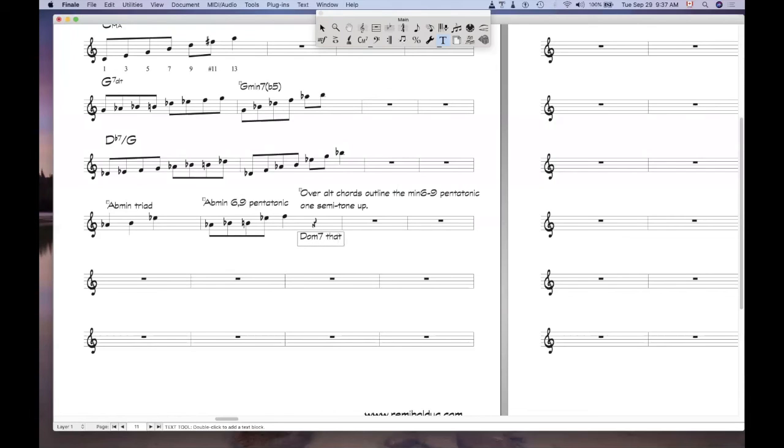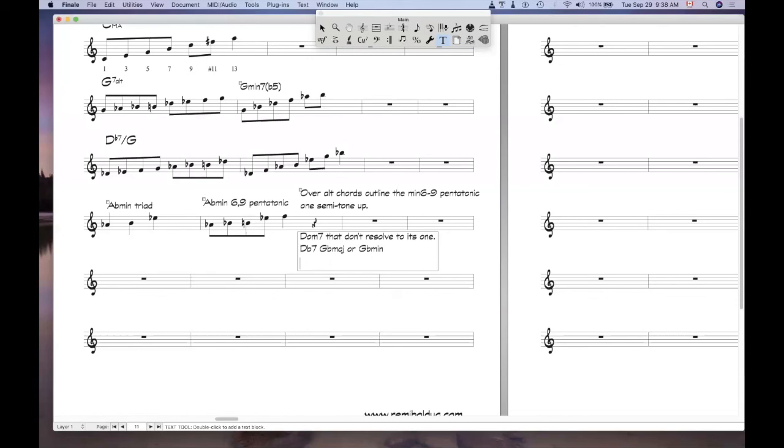that doesn't resolve to its 1. For instance, you have a D flat 7, the 1 would be either G flat major or G flat minor.